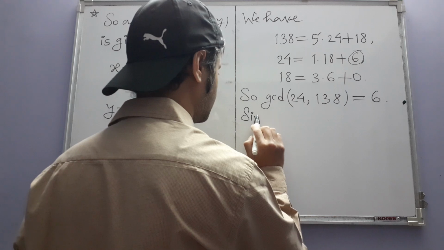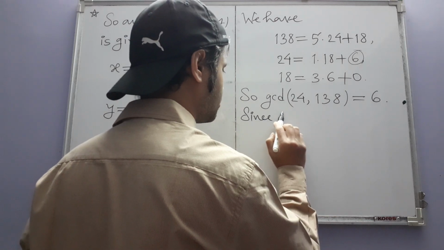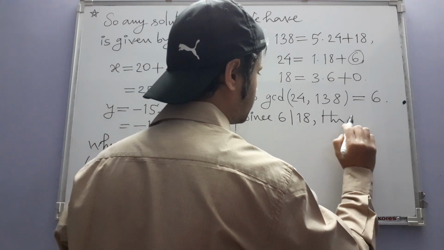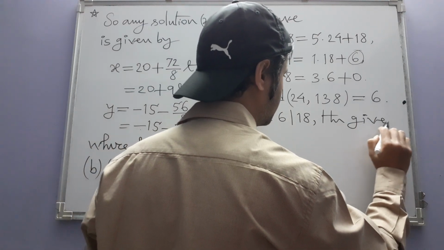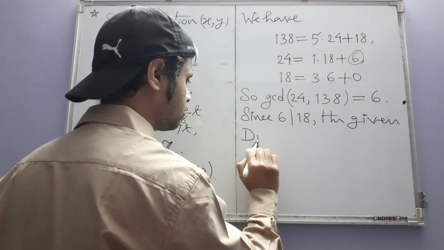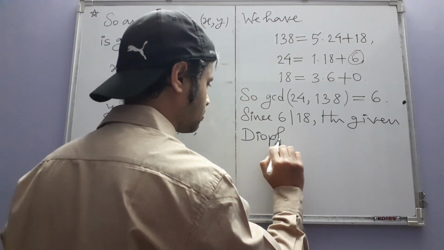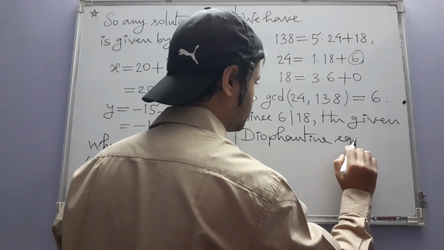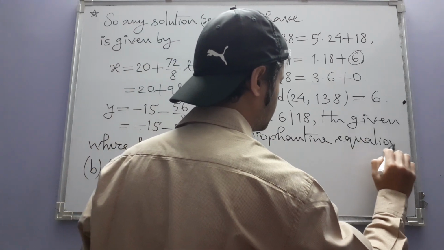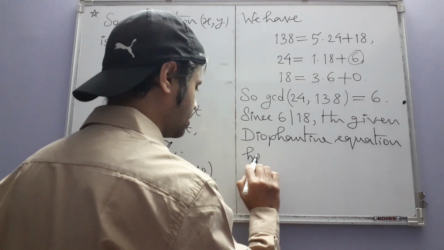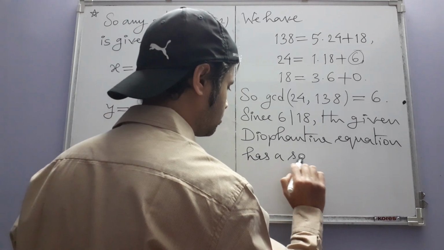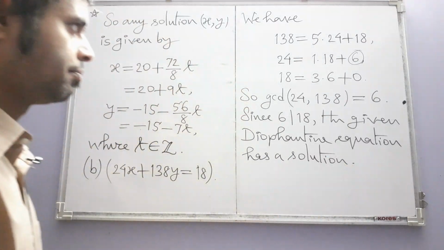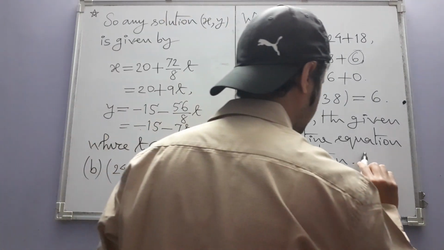Since 6 divides 18, the given Diophantine equation has a solution.